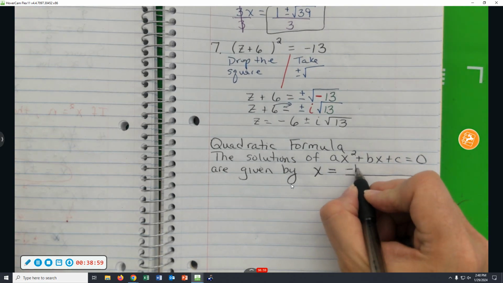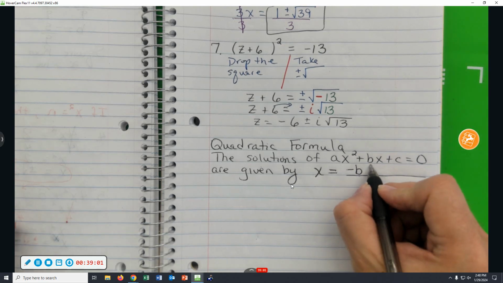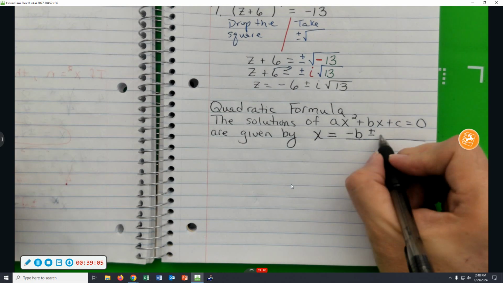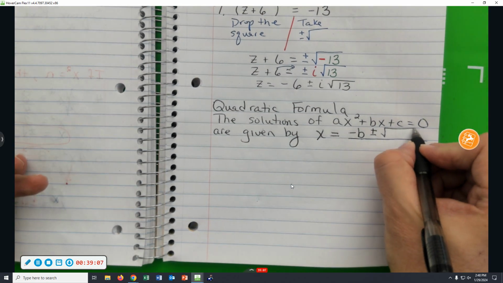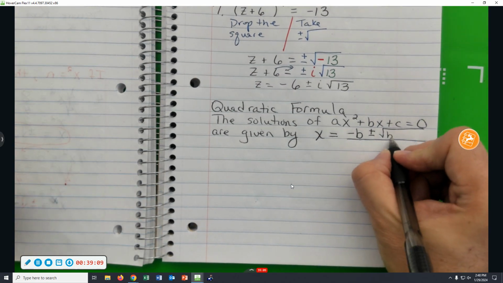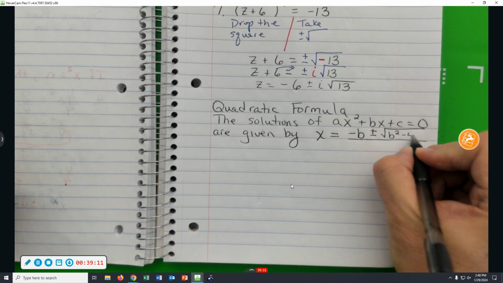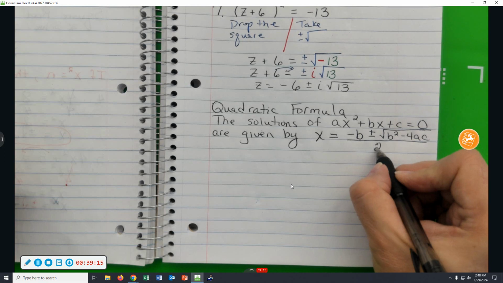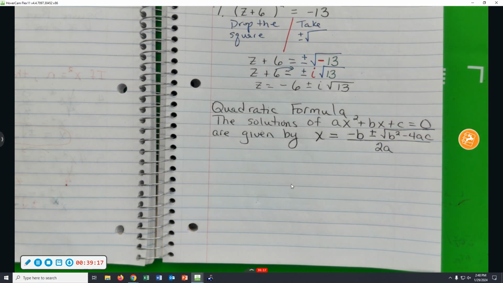Negative b plus minus the square root of b squared minus 4ac all over 2a. Negative b plus minus the square root of b squared minus 4ac all over 2a.